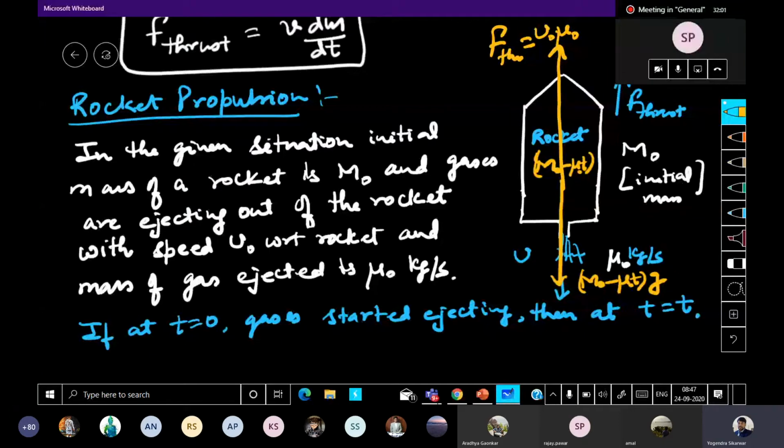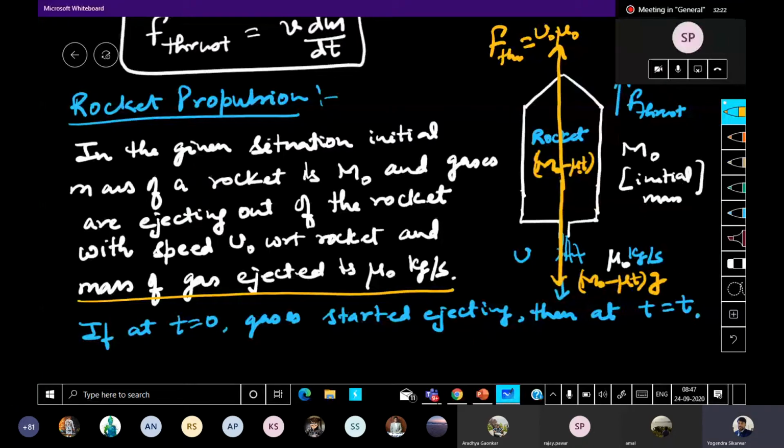Somebody was saying something. I was just asking what is mu naught here? Mu naught is the mass of gas ejected per second. Yes, got it.